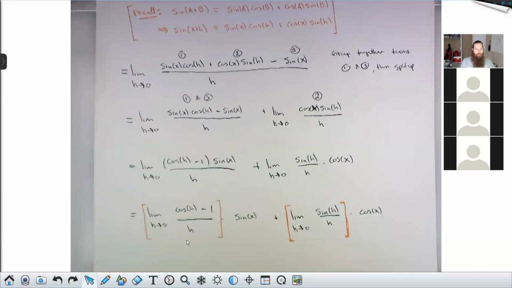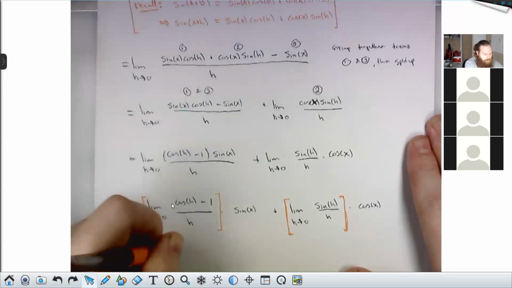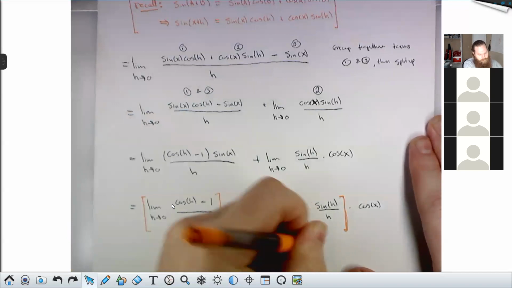For cosine h minus 1, that was an identity you plugged in, right? Not quite. 1 minus cos squared would be sine squared. Cos squared minus 1 would be negative sine squared. There is an identity that we can make show up here if we're a little bit clever. For now, let me call this one L1, and let me call this one L2.